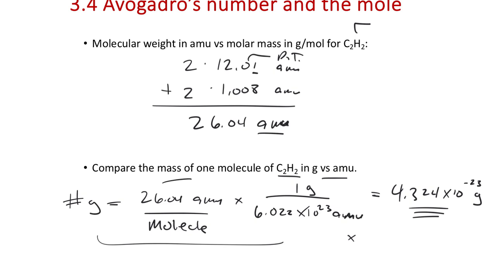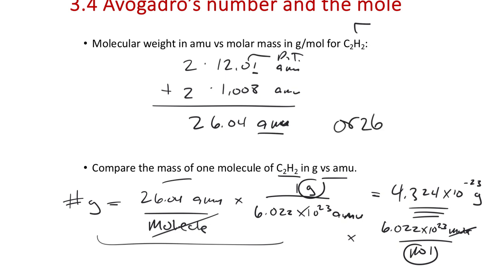The only thing we multiply by is the molecule to mole conversion, which is Avogadro's number. Then the molecules cancel and you get your mass in grams per mole. We multiplied by Avogadro's number after dividing by it, so it works out to be 26.04 grams per mole. The idea is your molecular weight in AMU is exactly the same as the weight in grams per mole for everything.